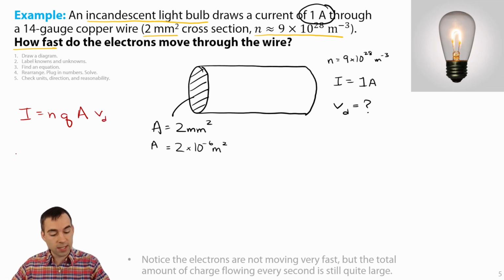If we rearrange this to solve for the drift velocity, we'll see that we can divide our current by the carrier concentration, the charge of the carriers, and the cross-sectional area.